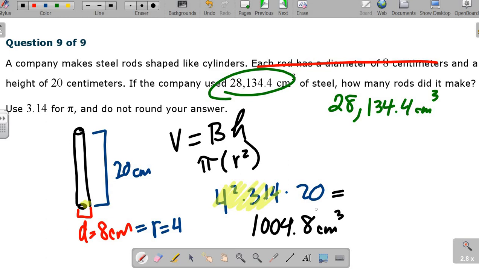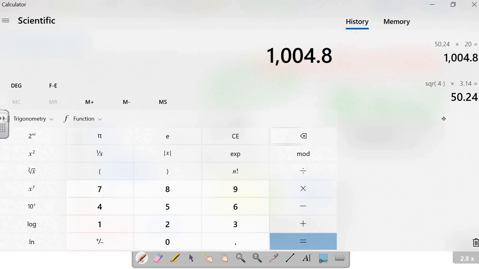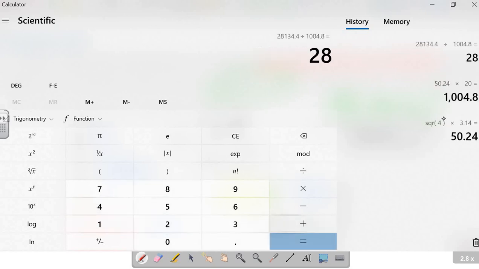We want to know how many, so each one is that, so we divide 28,134.4. And we get 28 rods can be made out of that amount of steel.